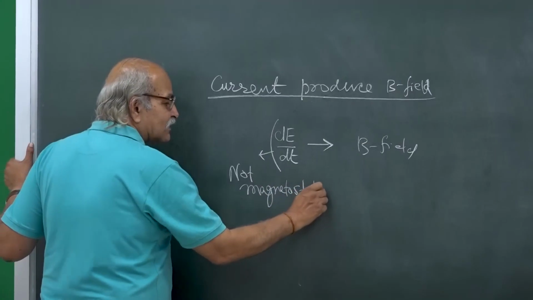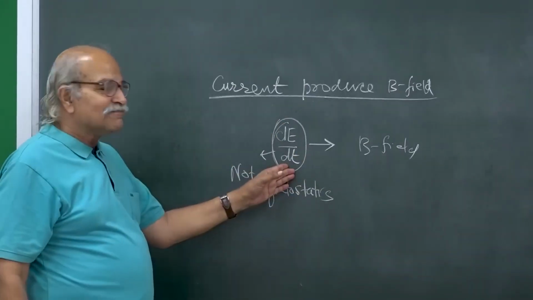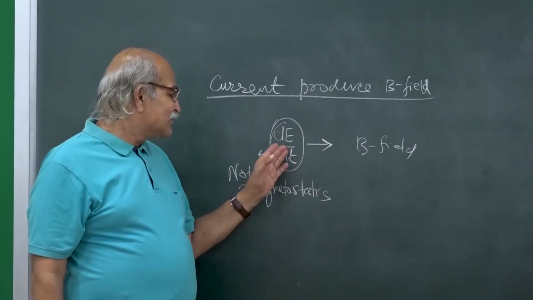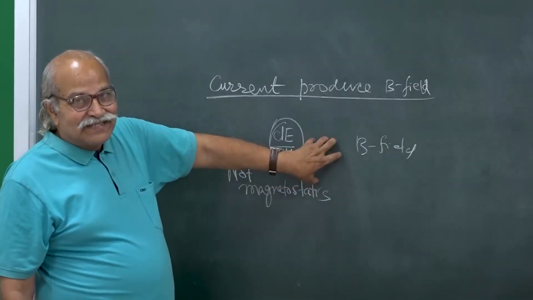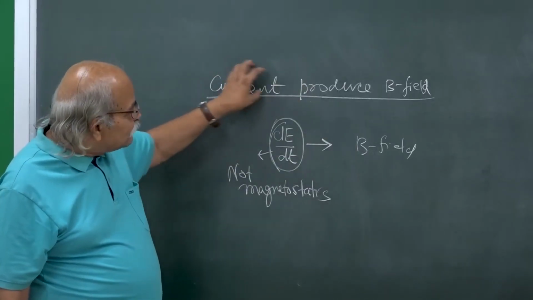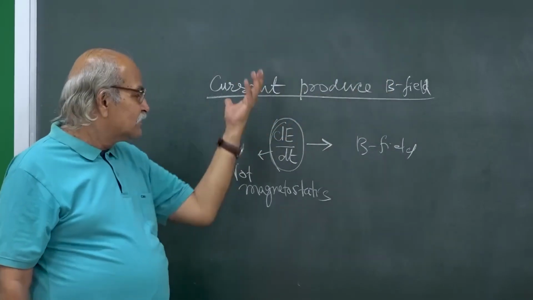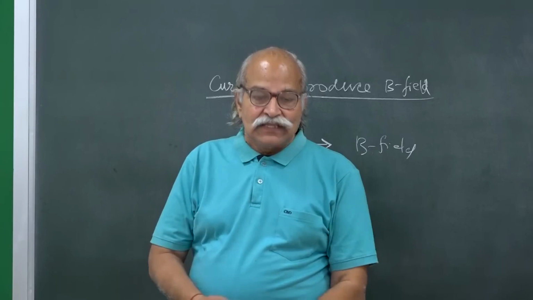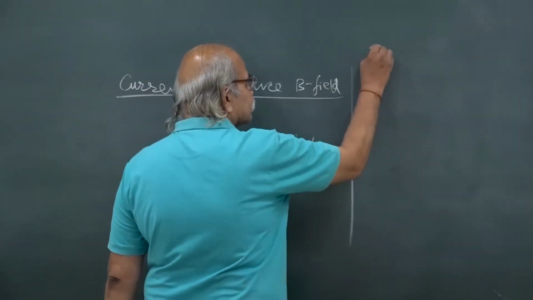It is not statics, it is changing with time. The source of this magnetic field that is changing with time is not magnetostatics. This will not be in our syllabus this time. So, we will concentrate on how current produces magnetic field and how this magnetic field interacts with materials and other things.